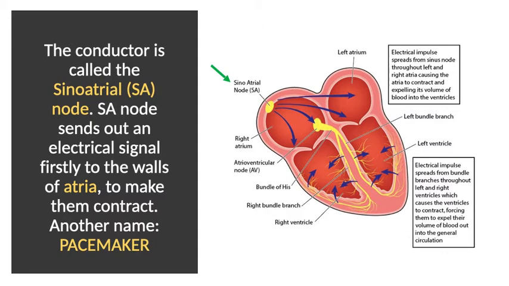For the first step, the signal will lead to the walls of the atria and make the atria contract. Another name for this SA node is the pacemaker. You can see from the diagram, the blue arrow represents that the signals from the SA node travel through the wall of the atria and cause them to contract.